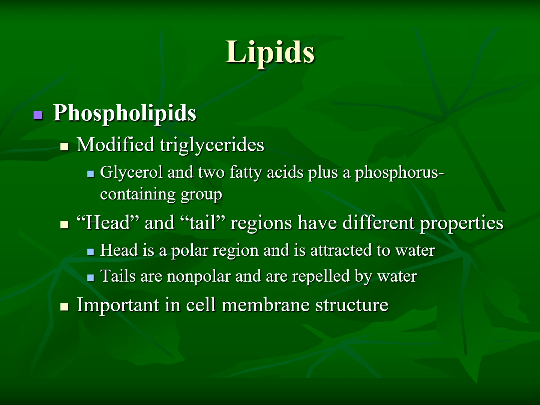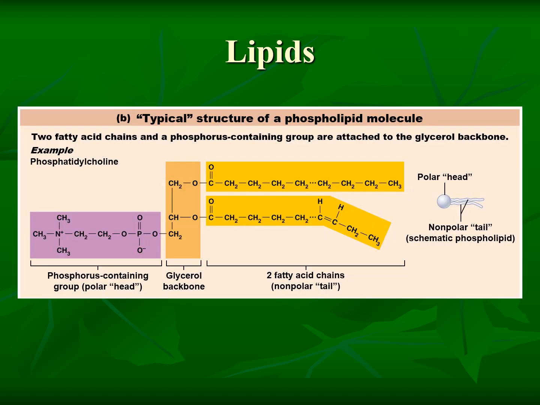It is nonpolar and it's hydrophobic. It doesn't want anything to do with water. It doesn't want to be near water. It's repelled by it. The head area is a polar region and it is attracted to water, so it's what we call hydrophilic. Phospholipids are a major component of the cell membrane and helping the structure of that.